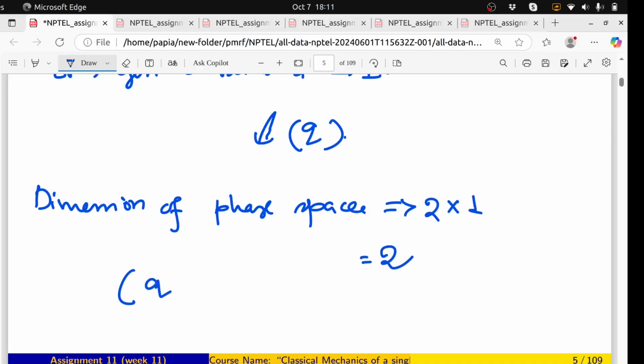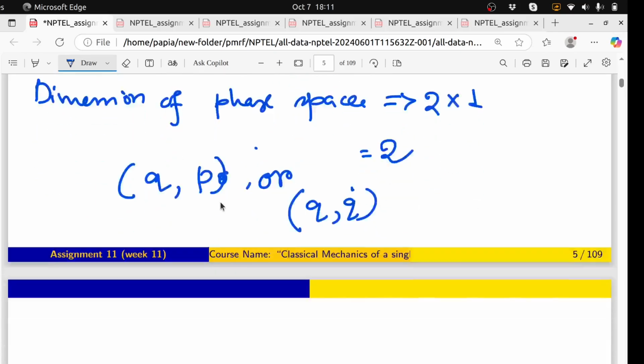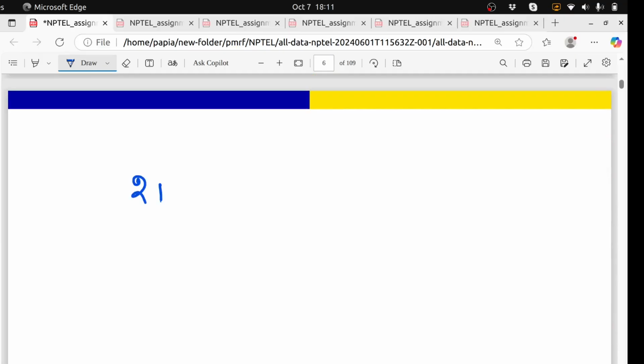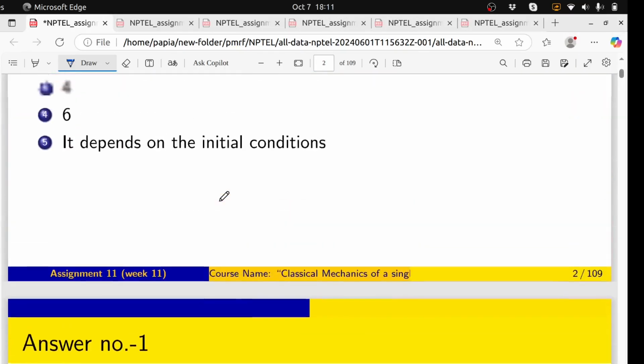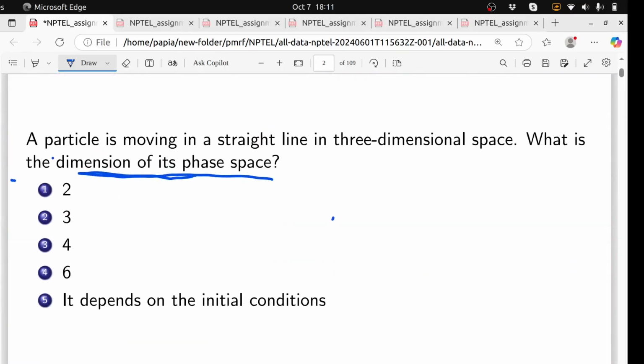And it will be Q and Q dot. So now we can see that it is a 2D phase space. So the answer to the question will be 2.